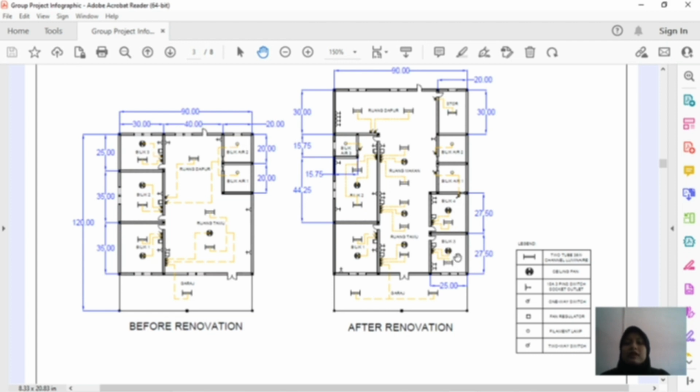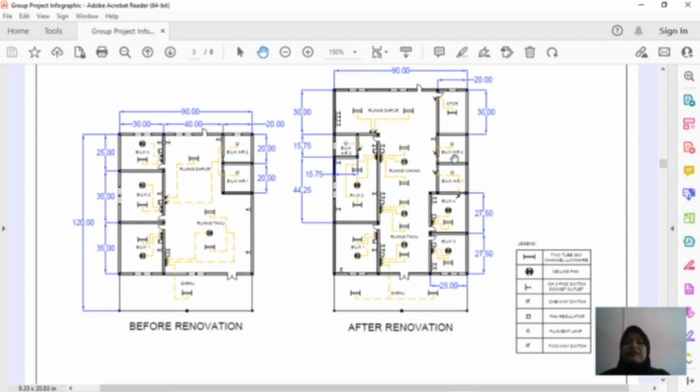The electric components in bilik 3 and bilik 4 are 1 unit of 2 tube 38 watt channel luminaire, 1 ceiling fan, 1 fan regulator, 2 switches connecting with 2 electric components, and 2 socket outlets. But bilik 4 has 1 extra switch, which is a 2-way switch connecting with bilik air 1 switch for the filament lamp.